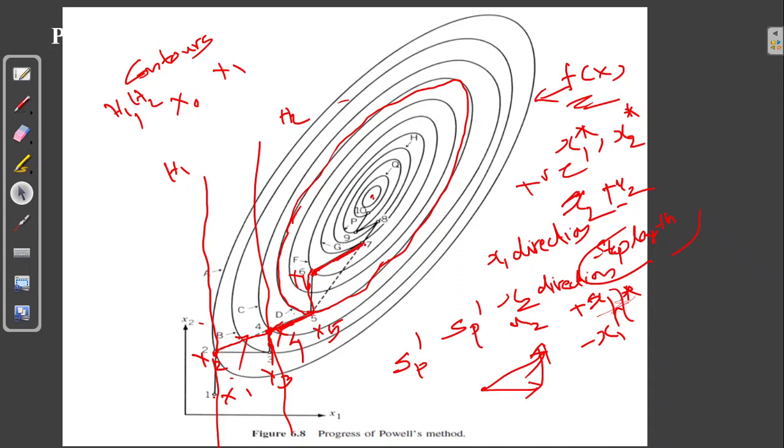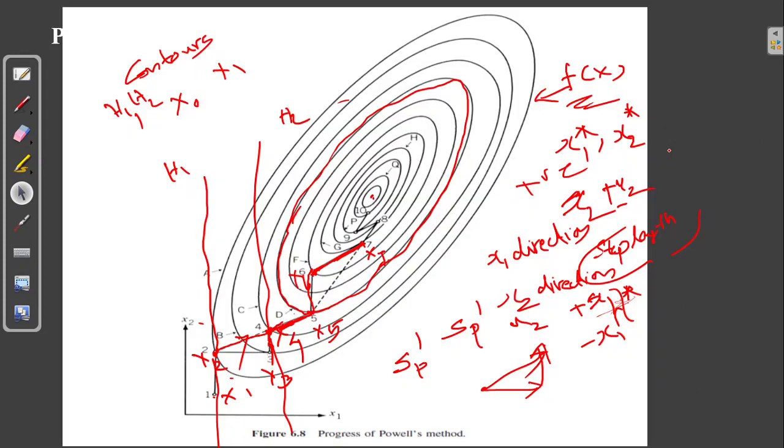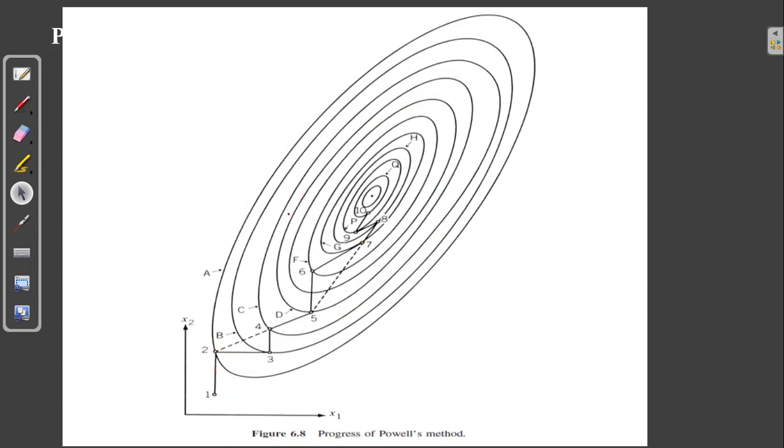Yes, and then we will reach the 7th position, that is x7. Then we will generate a new pattern direction, that is s2 or sp2. This s2 is equal to sp2 as shown in the figure. Yes, let me erase.